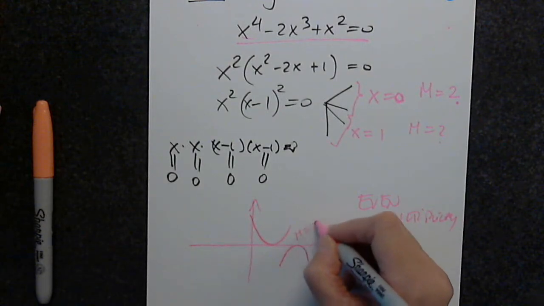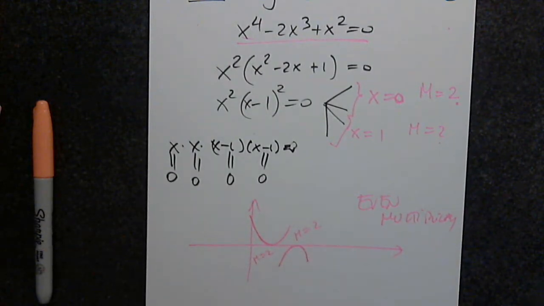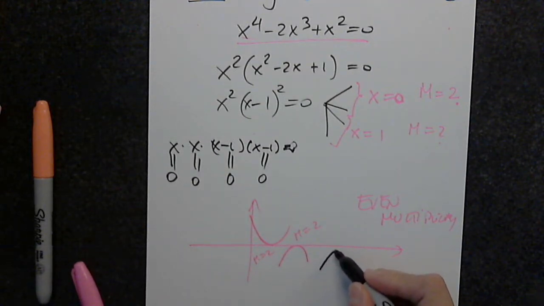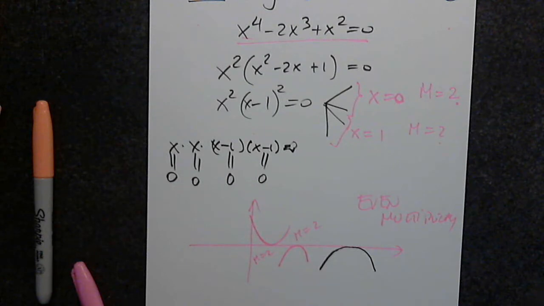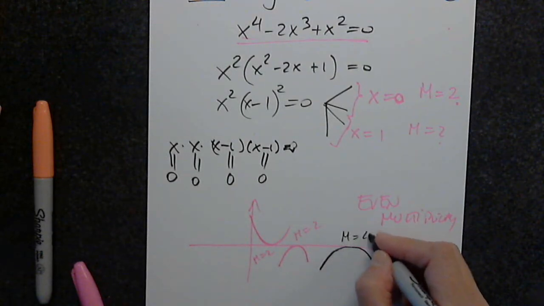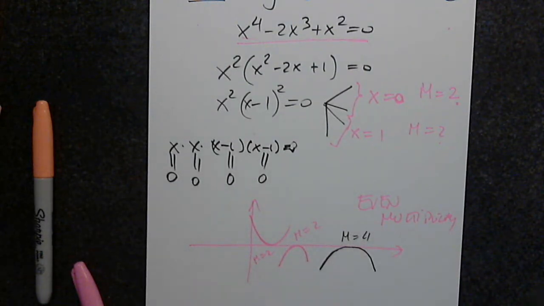So this is multiplicity 2. But multiplicity 4 of a solution does this. We see the difference? It still has one solution there.